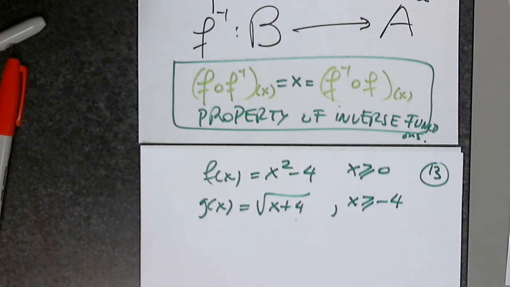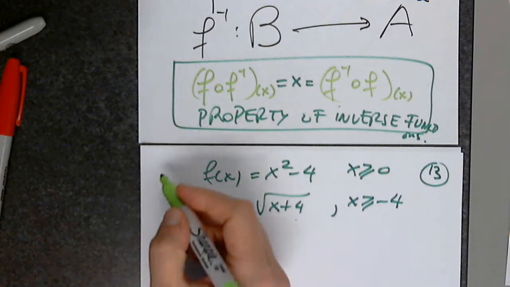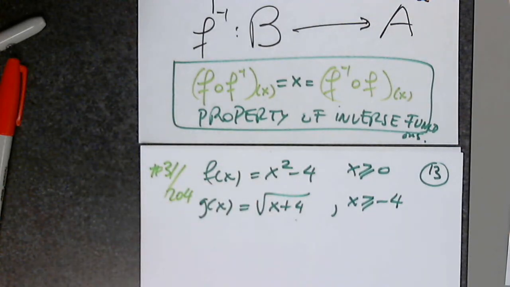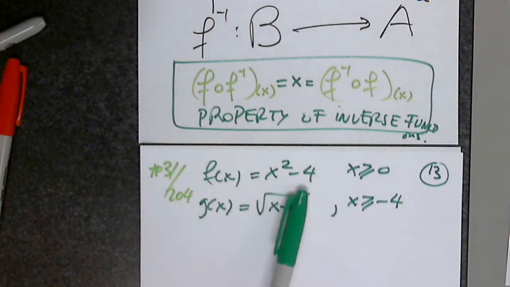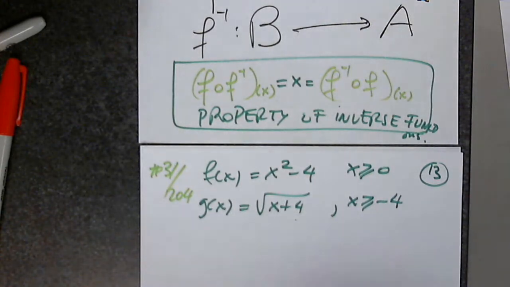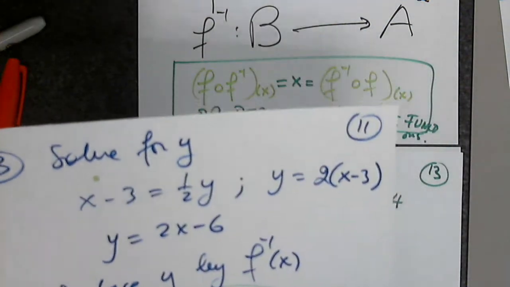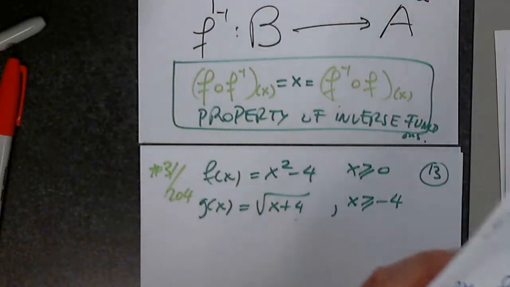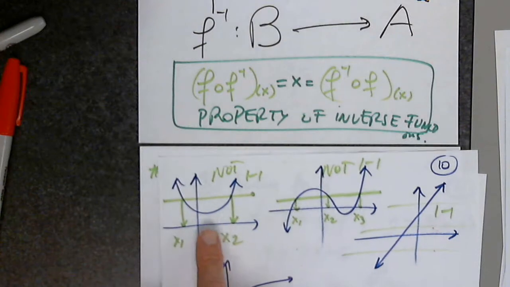Here's my first question. So this is 31 on 205. We just said something about a quadratic function. What did we just say a minute ago or 10 minutes ago? Exactly. So how can it have an inverse? Right? This is the quadratic function.